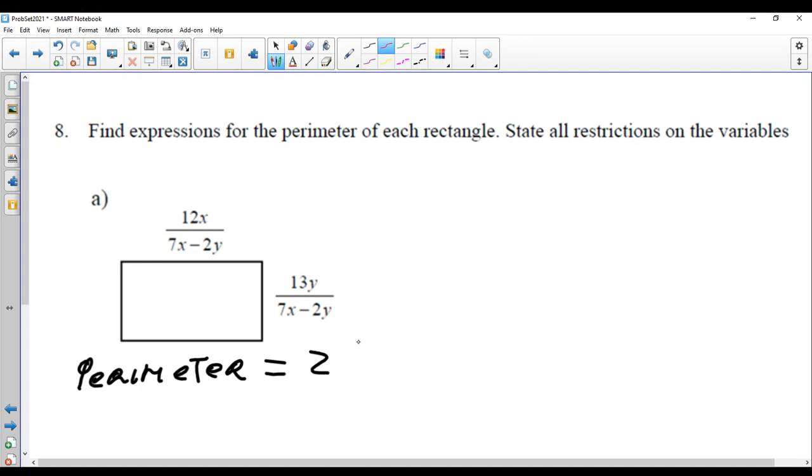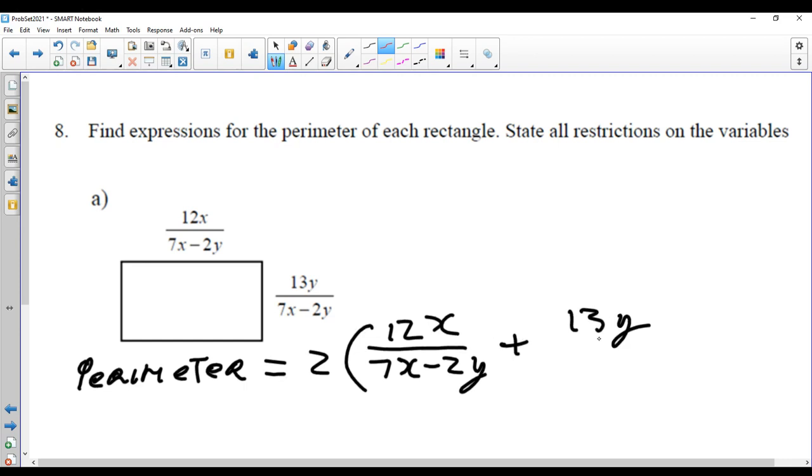Equals 2 times 12x over 7x minus 2y plus 13y over 7x minus 2y. Look familiar? Of course it should. So what's the next step? We're adding two fractions together.